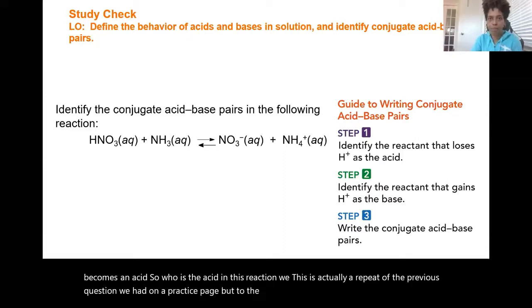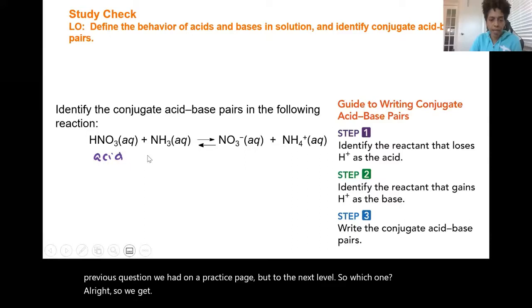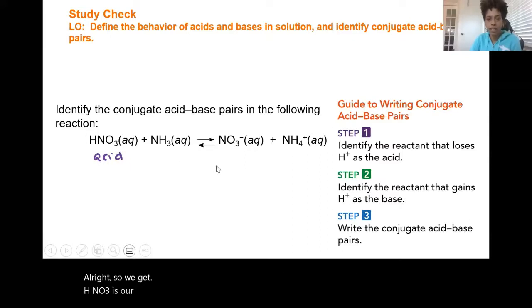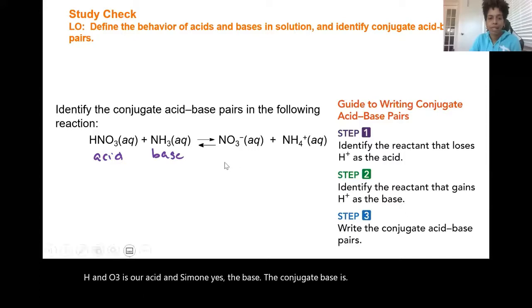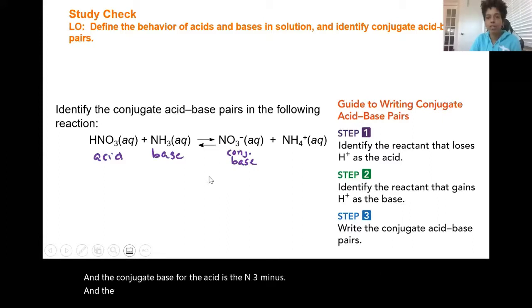So which one? All right, so we get HNO3 is our acid. So the base is going to be ammonia, and the conjugate base for the acid is the NO3-, and the conjugate acid is going to be the NH4+, right?